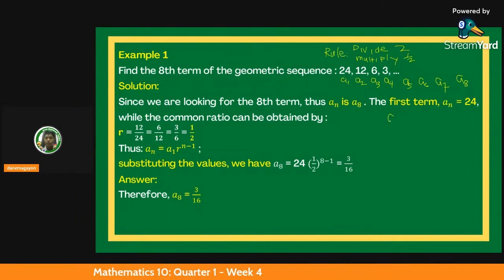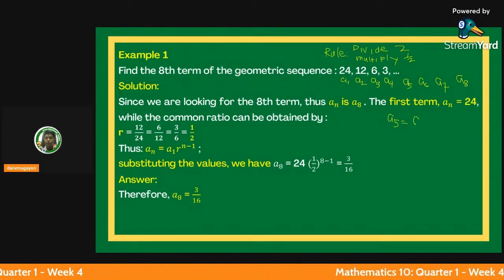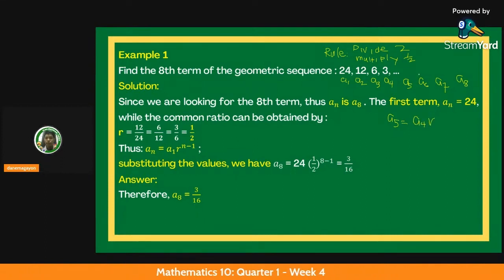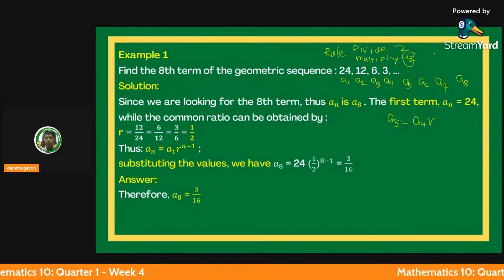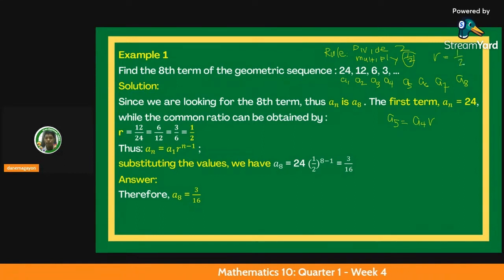So to get a sub 5, diba? To get a sub 5, we need a sub 4 times the common ratio. Remember, diba po sinabi nating rule, itong multiply by 1/2, automatically, this will be our common ratio. Yung a sub 4 natin is 3.